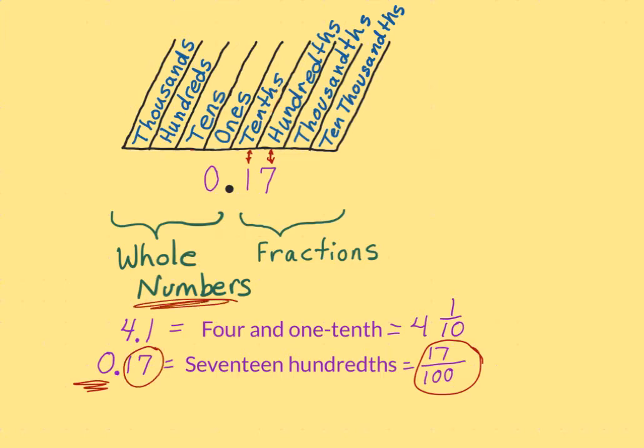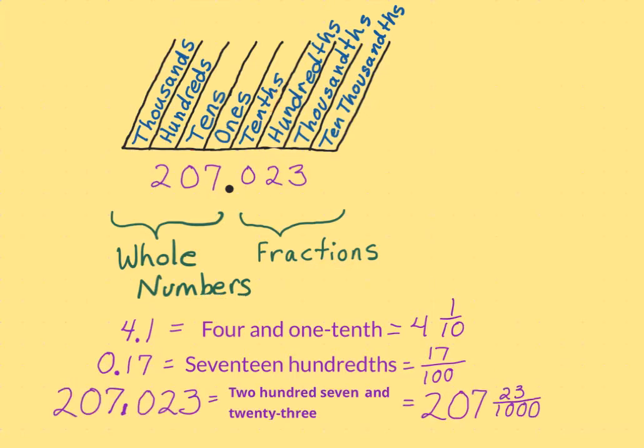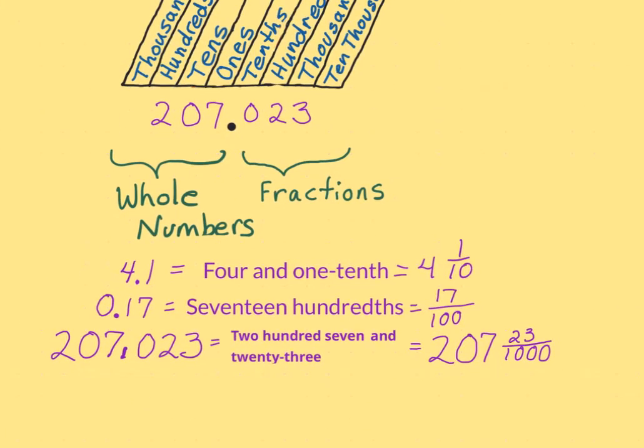So here are the whole numbers to the left of the decimal and the fractions to the right. That's a pure fraction. One more example. 207.023 equals 207 and 23 thousandths, or 207 and 23 thousandths. Same number, and it may be pronounced the same way, whether it is a decimal number or a mixed number.